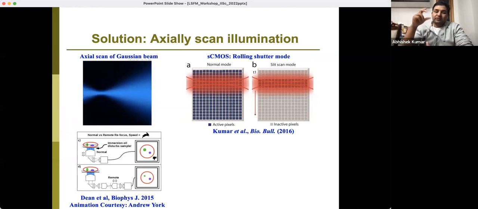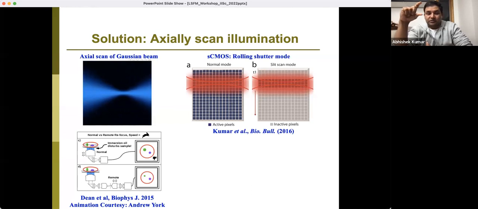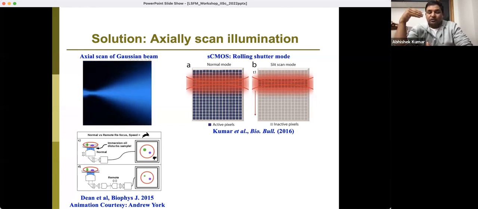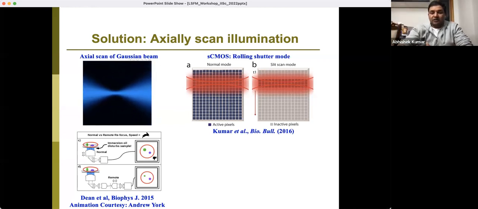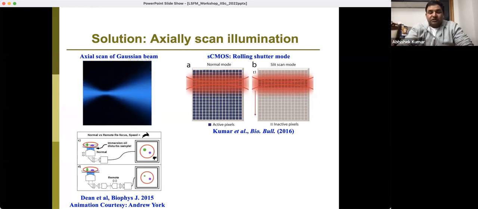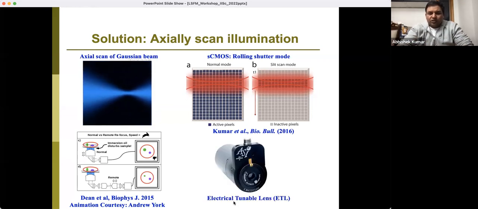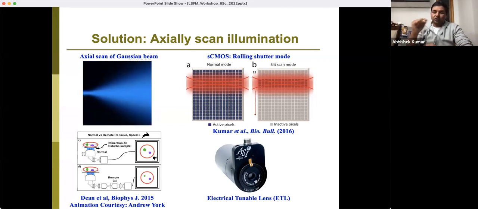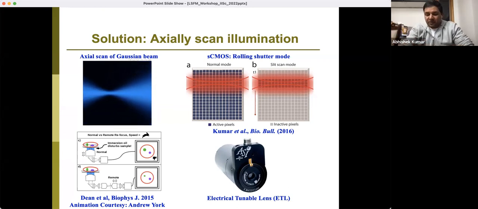So basically, without moving the lens which is creating illumination or detecting photons, you can do this kind of scanning fast and remotely, so that you are not putting a lot of movement or stress on your sample. Also, people have implemented electrically tunable lenses, and there is also something called a TAG lens, an acoustic lens. Using an acoustic lens also, you can scan the beam waist along the optic axis fast.